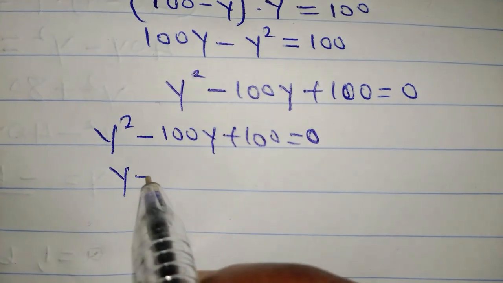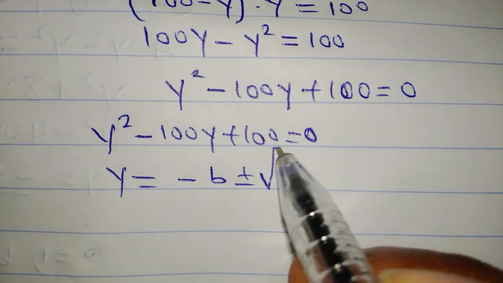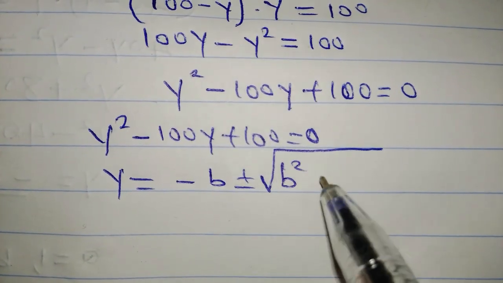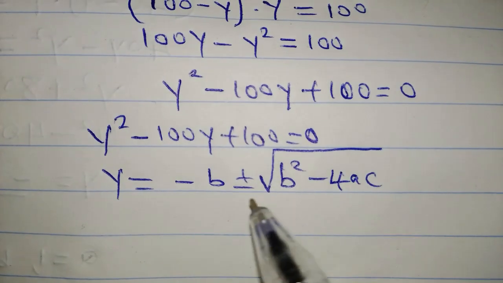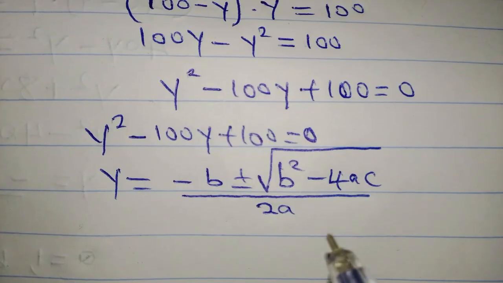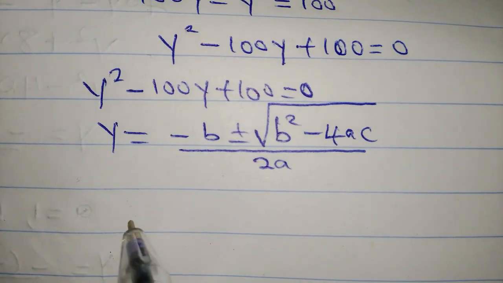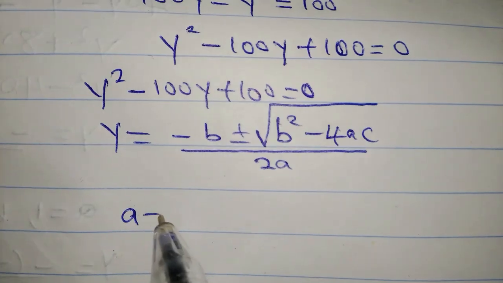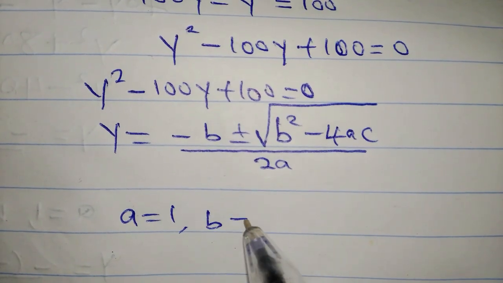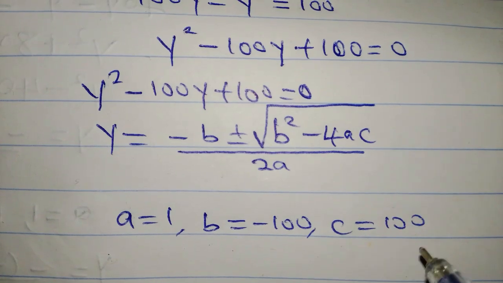So we'll say y is equal to minus b plus or minus root of b squared minus 4ac over 2a, using the quadratic formula. So our a is equal to 1, our b is equal to minus 100, our c is equal to 100.